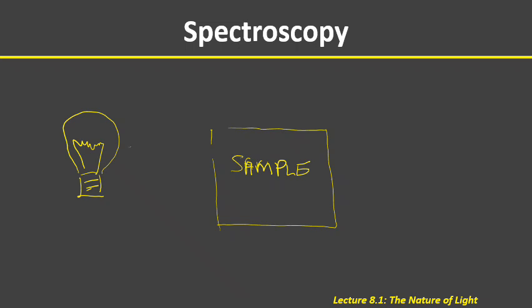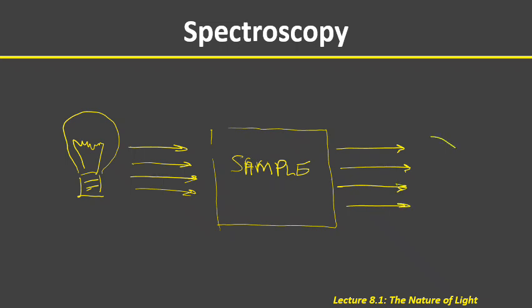And light from the light source impinges on the sample, and some of that light comes out through the sample to the other side, and then over here there is a detector. And what we do in a spectroscopic experiment is we compare the incident light, that's the light over here that's impinging on the sample, to the light that comes out of the sample.